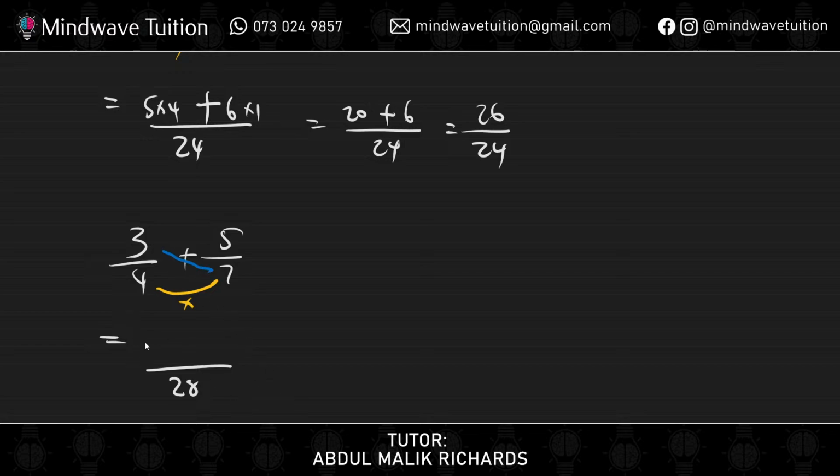So that's going to be 3 multiplied by 7. And we add the product of these two. So we multiply the 5 and the 4. So 3 times 7 will give us 21, plus 5 times 4 will give us 20, over 28. And this will equal 21 plus 20, which is 41 over 28.